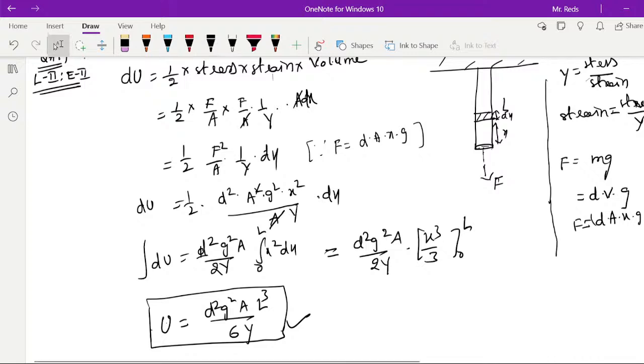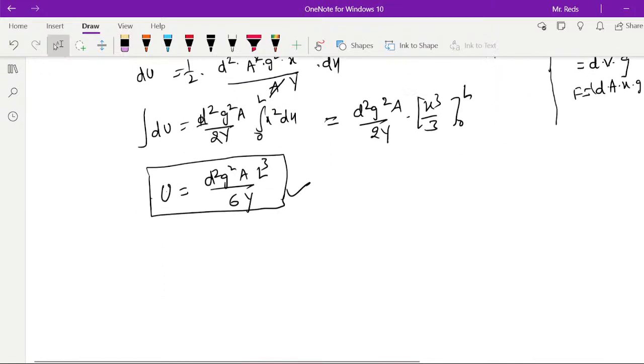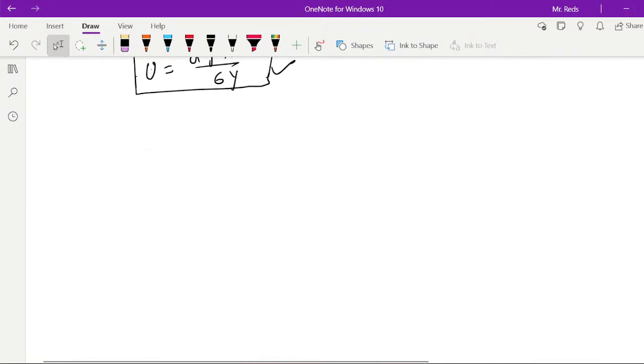Next one. Let us see question number 20. So what is given here and what are we asked to find?